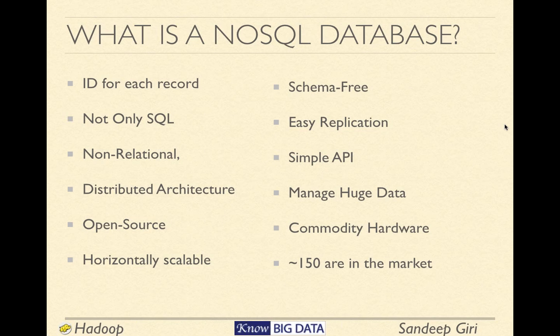Long back, on one Christmas, when Amazon could not handle the load, they had a very bad Christmas, because on Christmas they get maximum requests. When they could not handle it, they decided to do a lot of things in order to scale their servers. First thing they did was buy a lot of hardware.